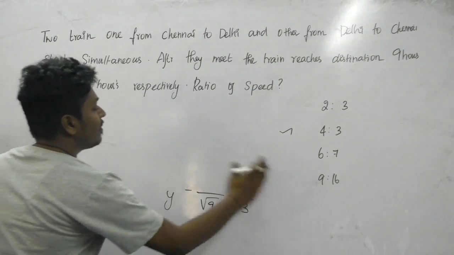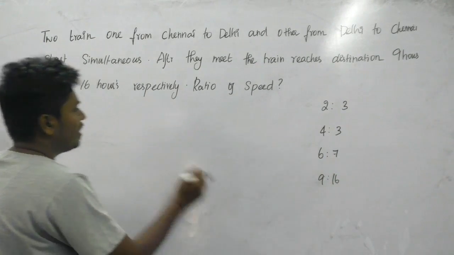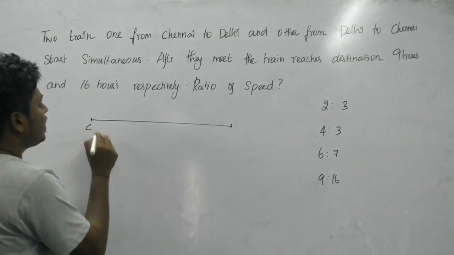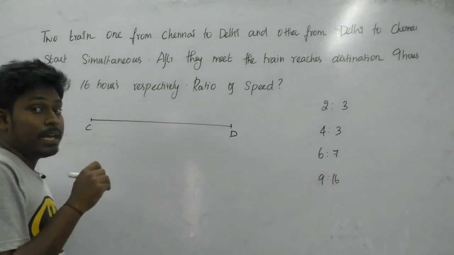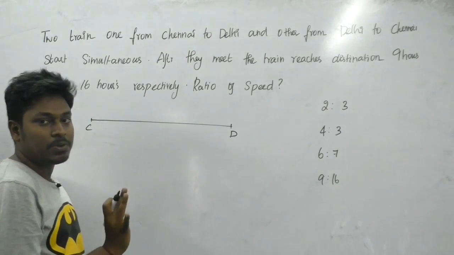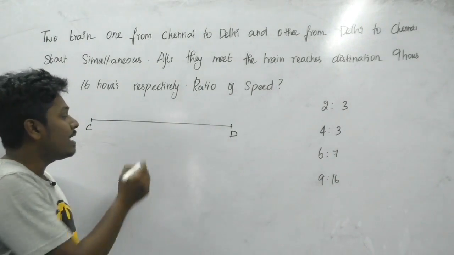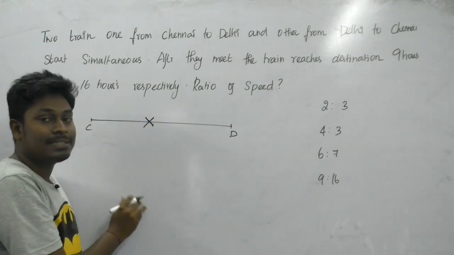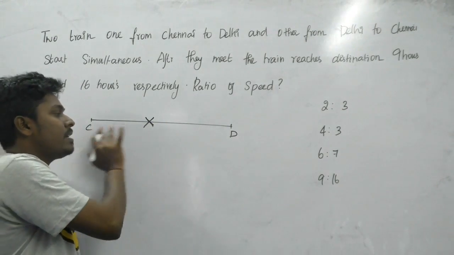See here friends, if this is the distance, with Chennai on one end and Delhi on the other, and we don't know train 1's speed and train 2's speed, there are 3 conditions. Condition number 1: both trains can meet at the center point, midway between Chennai and Delhi.